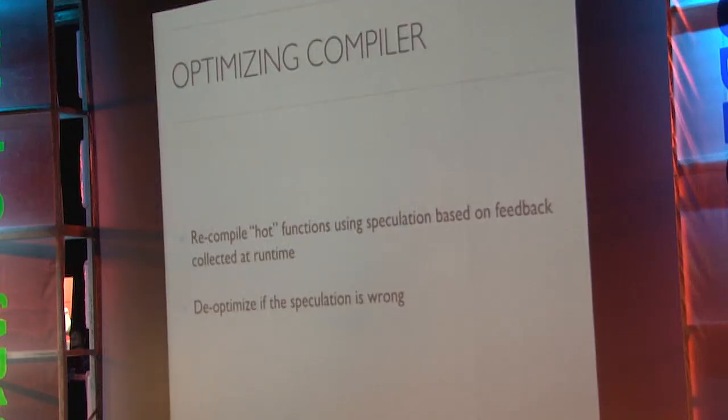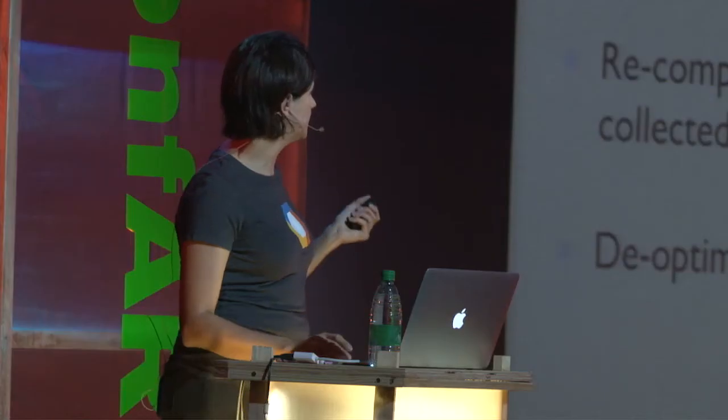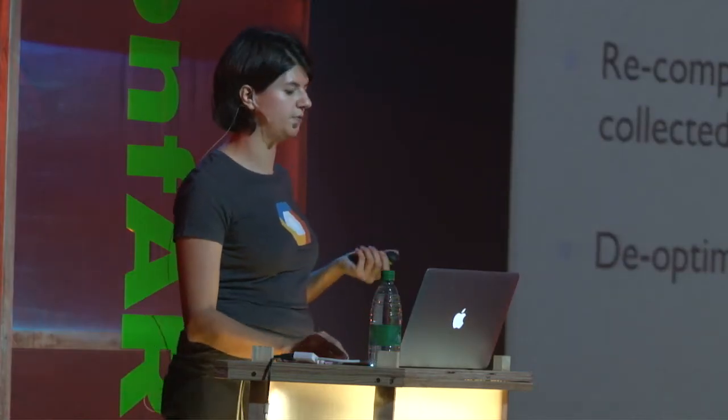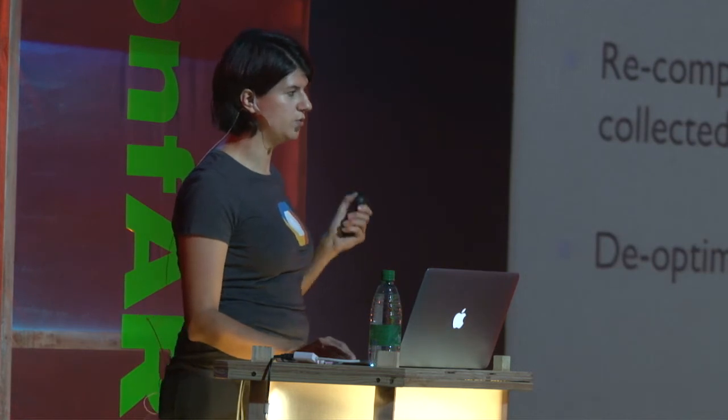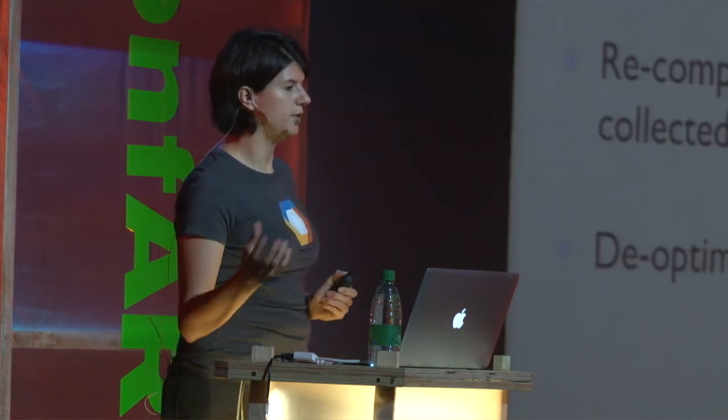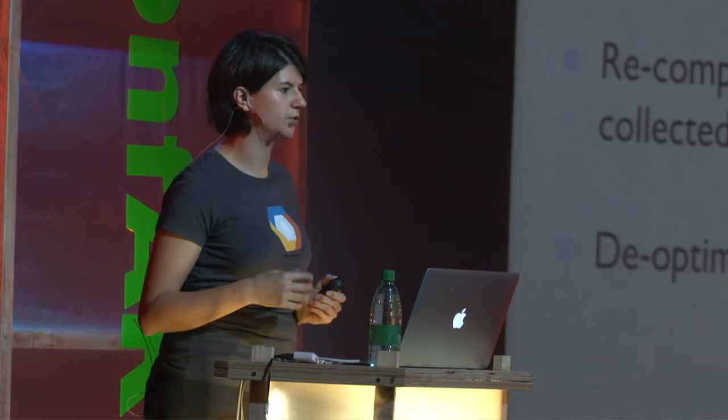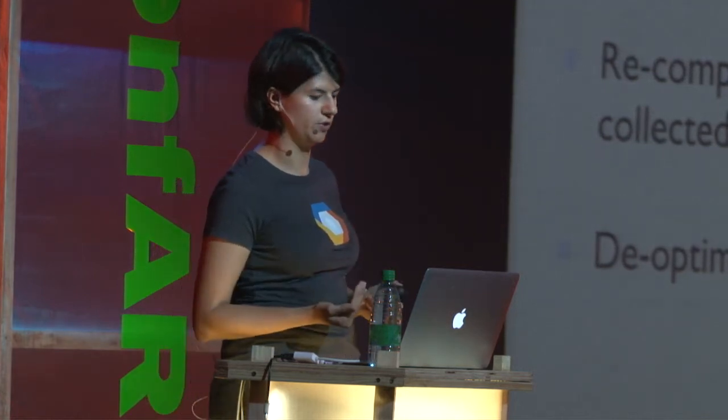The optimizing compiler's job is to compile so-called hot functions, functions that have been executed a lot and that we speculate will be executed many more times in the future. The optimizing compiler recompiles those hot functions, using even more information that we were able to collect when we executed this function in the past.